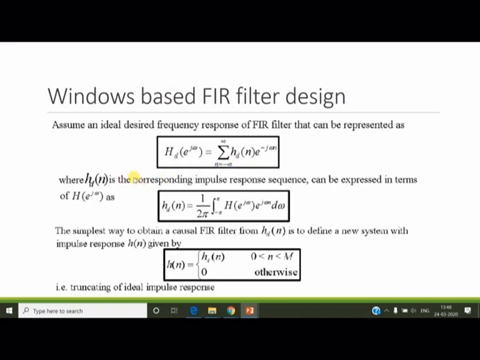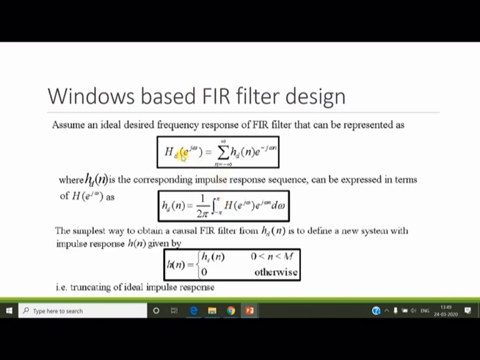And in order to obtain an unknown, that is the impulse response of the FIR filter, we are applying the inverse discrete time Fourier transform to this H_D of omega. Since we knew for low pass, high pass, band pass and band stop how the frequency response nature is, this part is known to us, and throughout it has a unity magnitude.